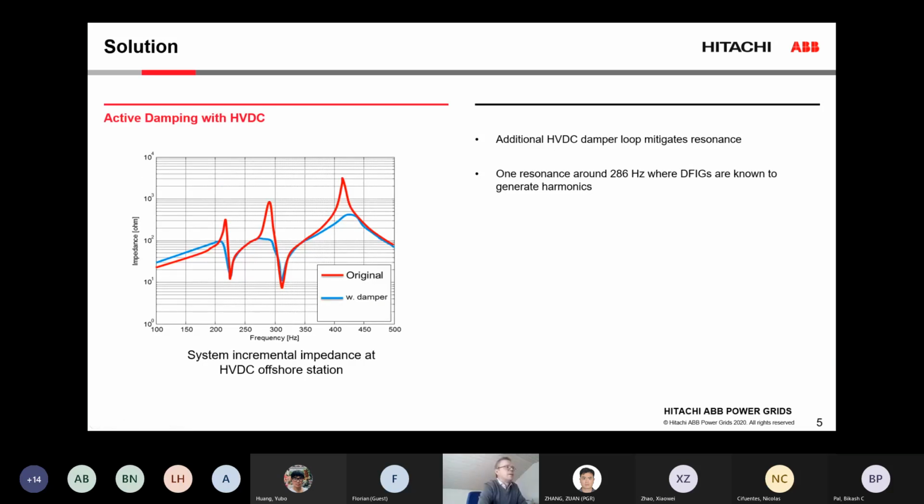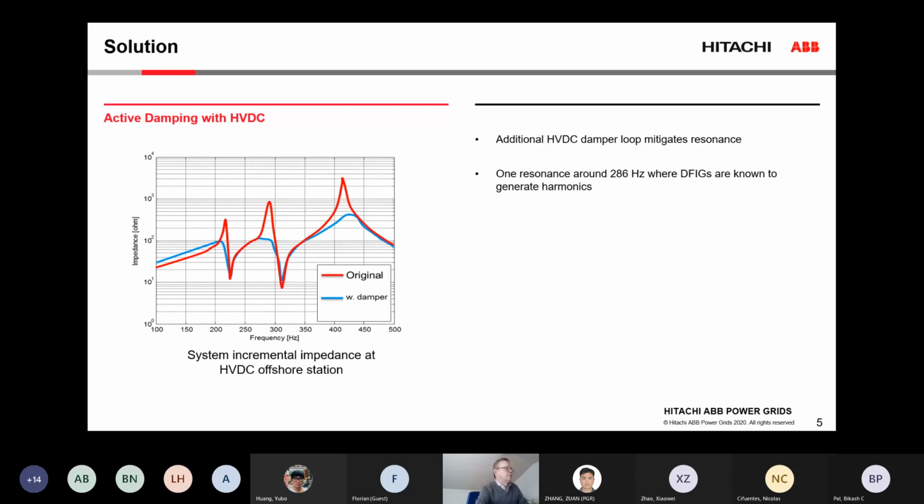Here, a simple way of understanding these problems is to calculate the incremental impedance seen at the PCC of the HVDC in the system as it was running. We had a number of resonances here. These resonance peaks will shift around depending on how the cable network is configured, how many wind turbines you have online, and you will even have small variations depending on the operating point.